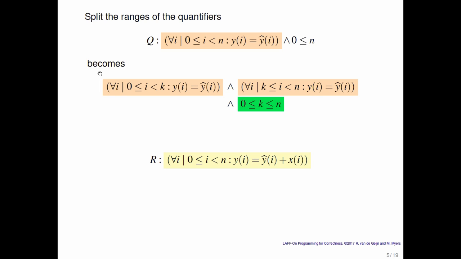And the box highlighted here in green is necessary to make sure that in the quantifications you only access entries that are actually part of the array. Remember, these are arrays that are indexed from 0 to n-1 because there are n entries in the arrays.